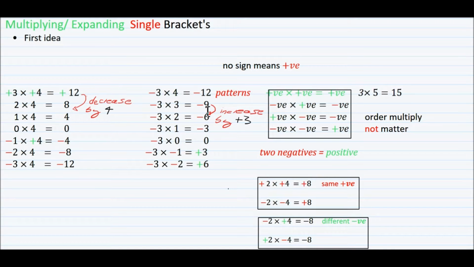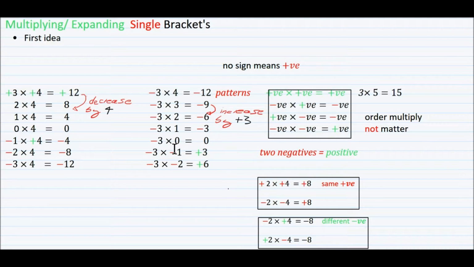If I have minus 9 and I add 3, I get minus 6. Okay, and so on until we get to here where minus 3 times 0 is 0. Any number times 0 is 0. Then to get this number, I have to add 3 from this pattern, because it's increasing by 3. So 0 plus 3 is just plus 3.